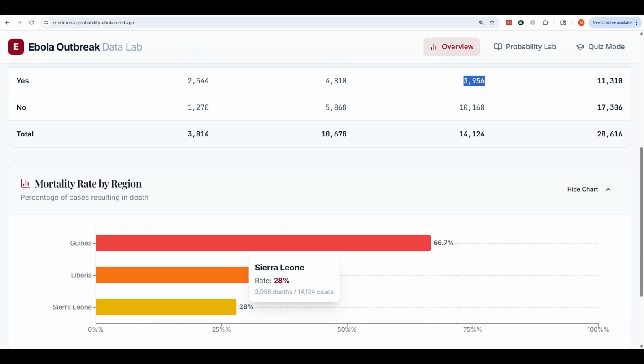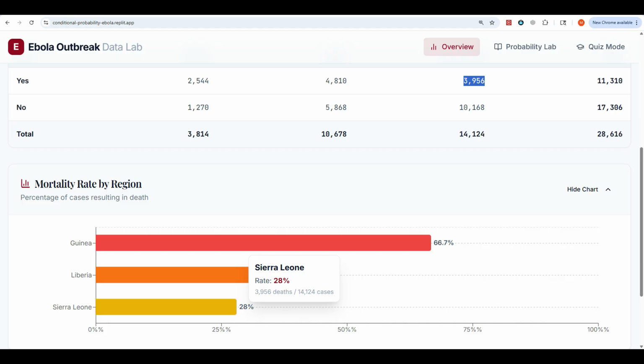the idea of independence. Is mortality rate independent from location? Well, if all of those countries had about the same mortality rate and it was equal to the overall mortality rate, then it really wouldn't matter which country you were in, and yes, they would be independent.